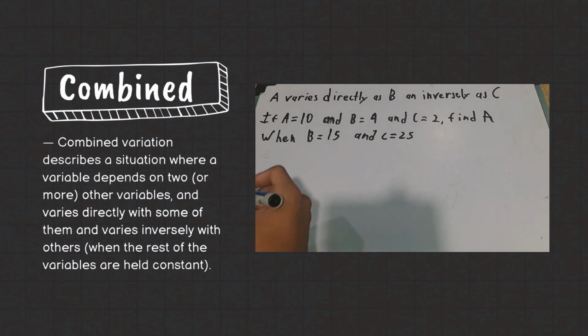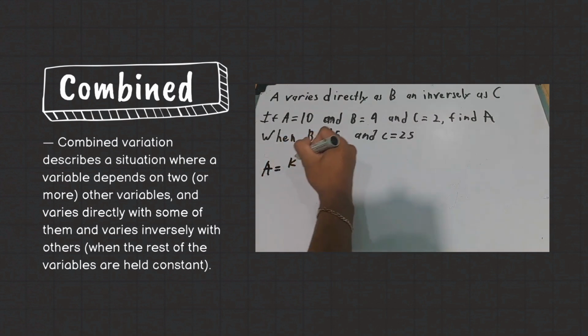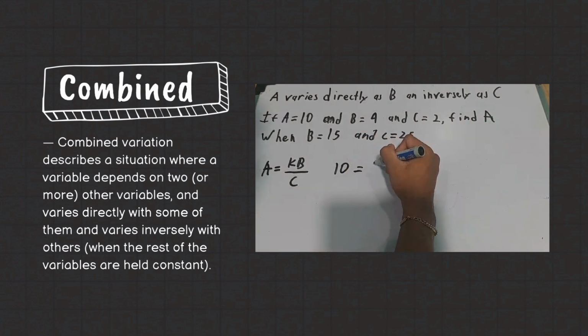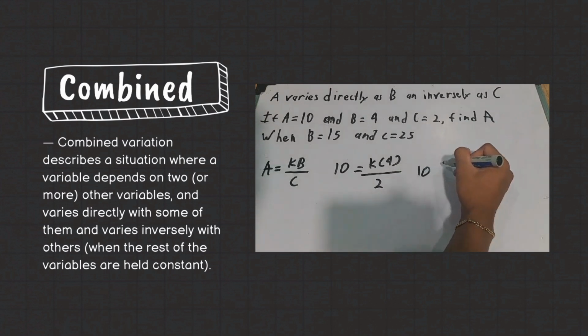Para mahanap siya, isulat mo a is equal to kb over c. Tapos substitute mo si a, b, at c. Magiging 10 is equal to k times 4 over 2. Ngayon, multiply mo si k at 4, magiging 10 is equal to 4k over 2.